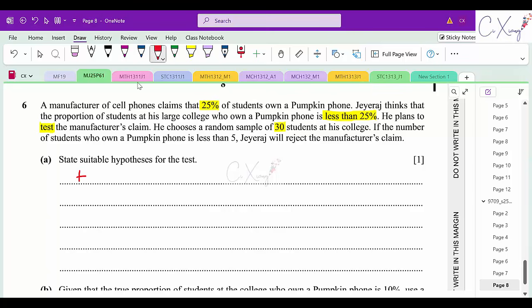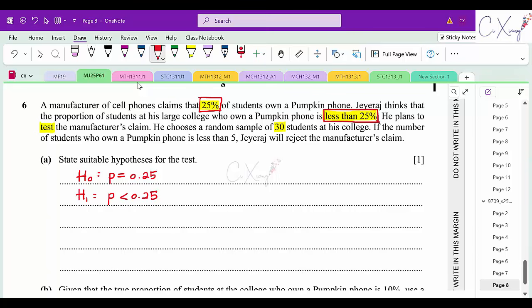Alright, so let us set up the hypothesis for the test first. What is the null hypothesis? They are talking about the percentage, so we are going to test the population proportion. Therefore, p equals 0.25 for the null hypothesis. For the alternative hypothesis, like what I told you just now, the keyword is less than 25%. So for the alternative hypothesis, p will be less than 0.25.